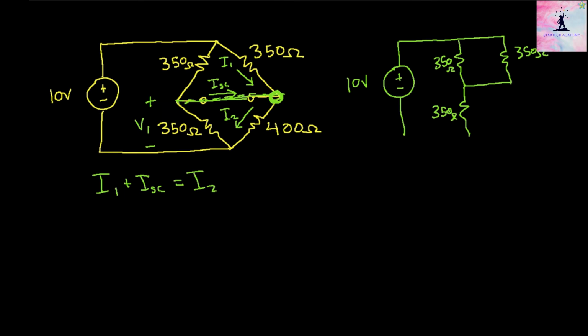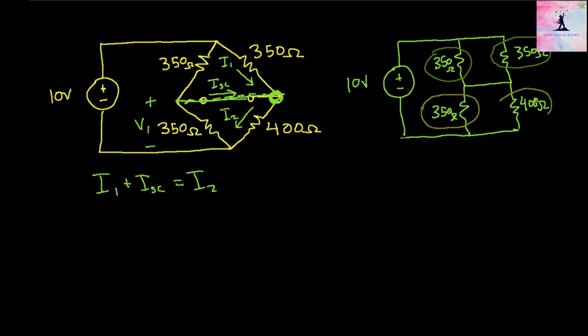Then 350 ohms and 400 ohms, and these guys are connected. I'm going to take this resistor and this resistor, put them in parallel, and get an equivalent resistance. I'll then take this resistor and this resistor, put those in parallel, and get an equivalent resistance. And from that I'll have a voltage divider, which gives me V1.